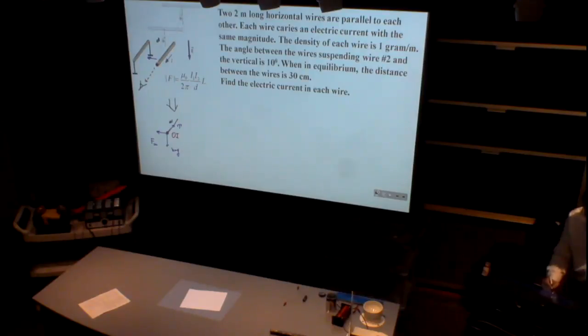But in equilibrium, the net force must be equal to 0, which means, and we've done it many, many times already, this plus this plus this equals 0, which means we can draw a triangle formed by these forces.